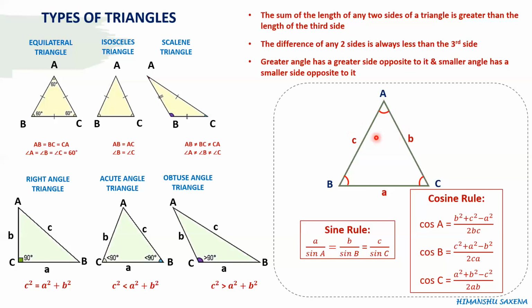So this side and this side make this angle; you square them and add them, b square plus c square, and subtract the square of the third side, minus a square, and divide by twice the product of the lengths of these two sides, 2bc. Similarly, cos B is equal to c square plus a square minus b square divided by 2ca, and cos C is equal to a square plus b square minus c square divided by 2ab.